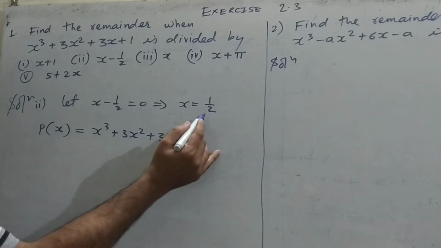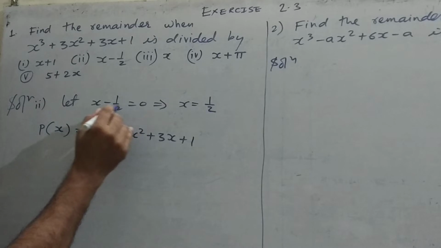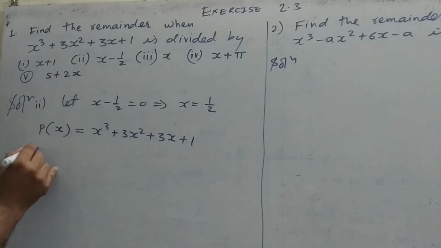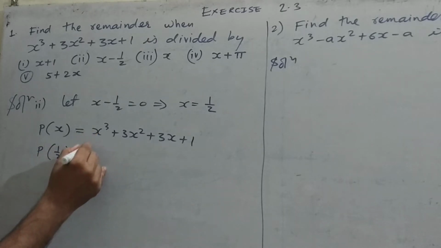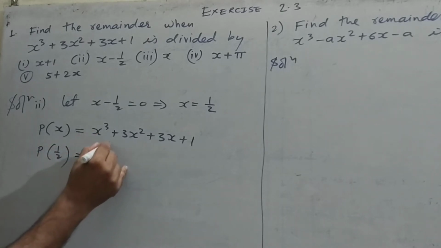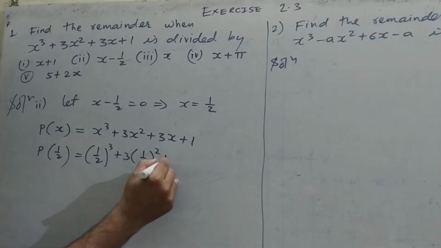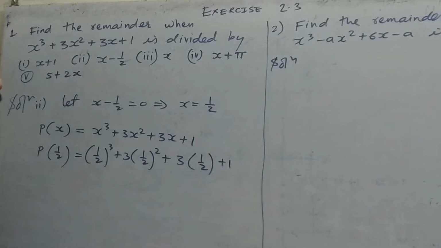To find the remainder, we have to put the zero here. x is equal to 1 by 2 is the zero. So p(1 by 2), put it here. Now this is (1 by 2) cube plus 3 (1 by 2) square plus 3 (1 by 2) plus 1.